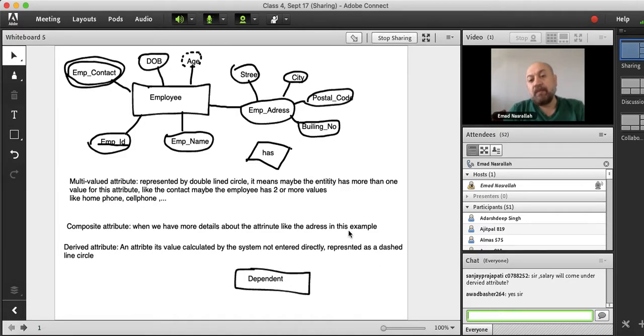When you are creating the ER, let's go a step back. Why are you drawing the ER? What's the purpose of creating the ER?